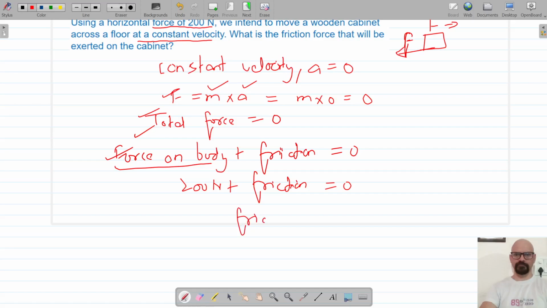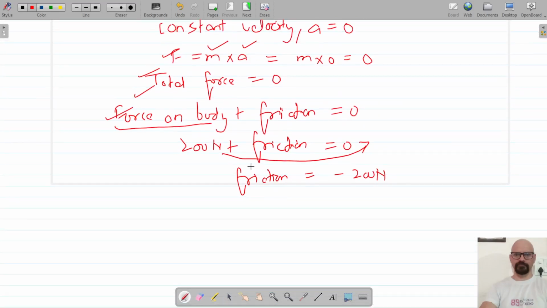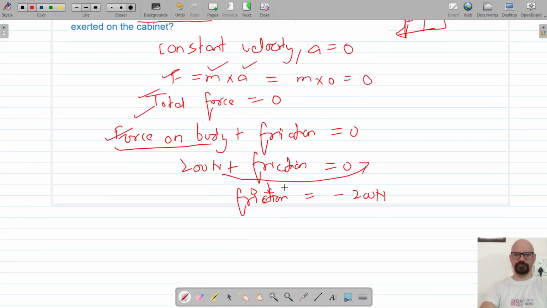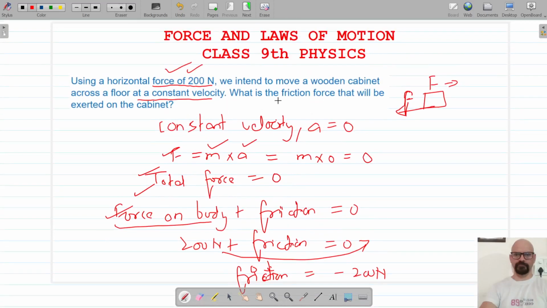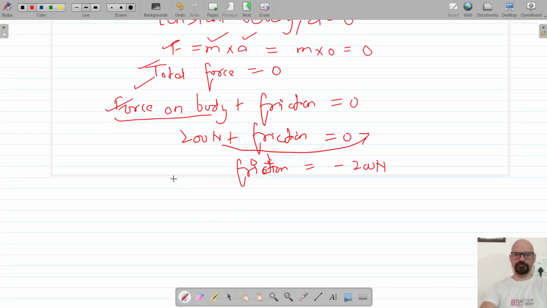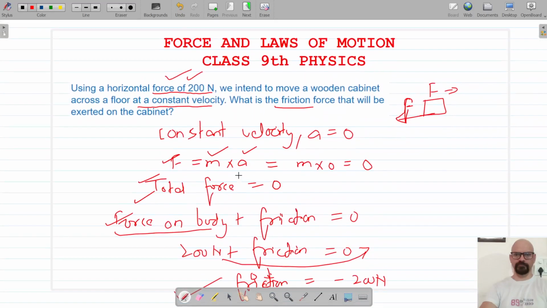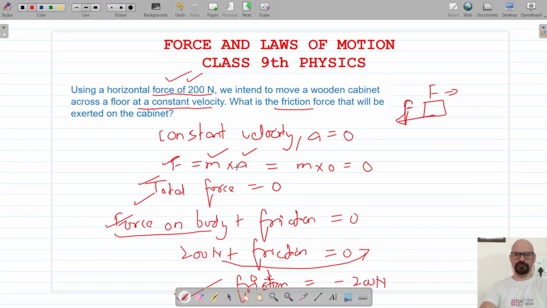So the frictional force is equal to negative 200 Newton if we take this to the right hand side, and the negative sign indicates that its direction is opposite to that of the motion. So the force of friction is negative 200 Newton. So with this, we are done with this question. Let's move on to the next one.